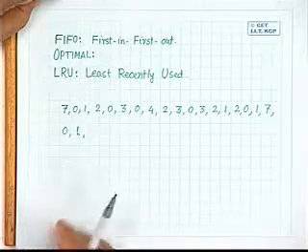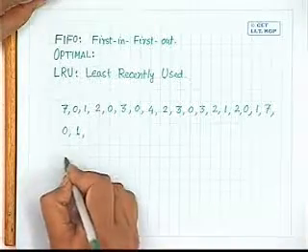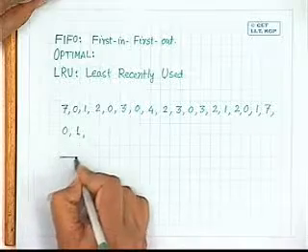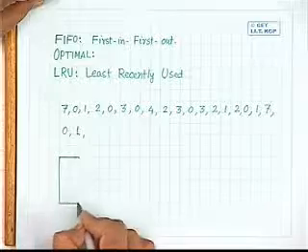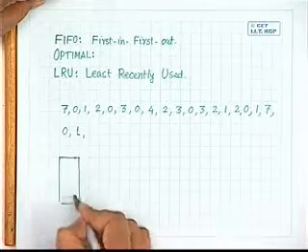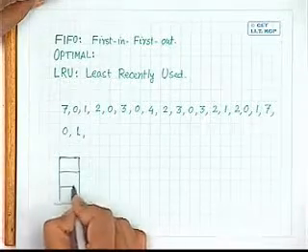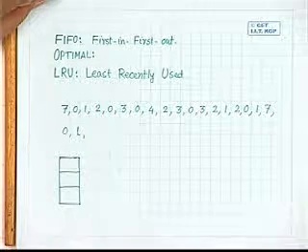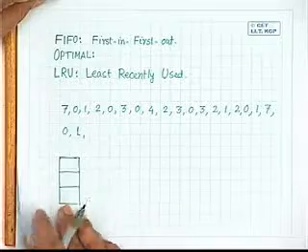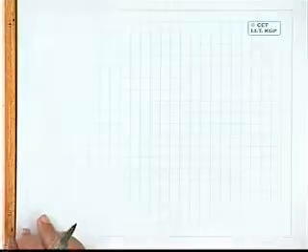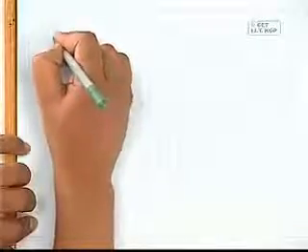And we assume that in the main memory we have 3 frames available for accommodating these pages. And all these three frames are initially free. So let us start with the first one, that is FIFO technique, or first in, first out technique.